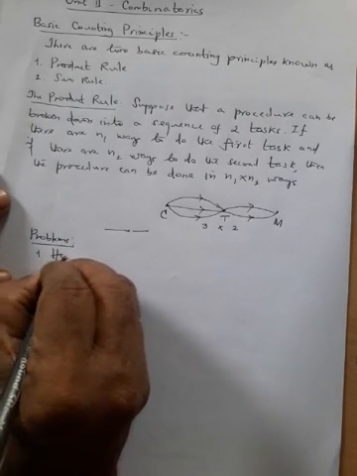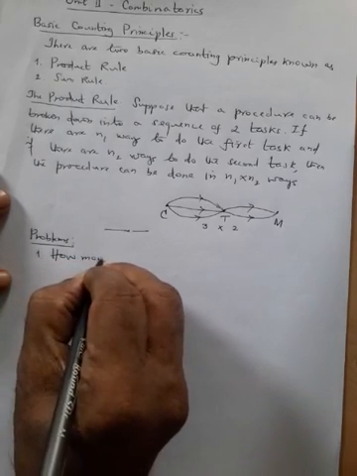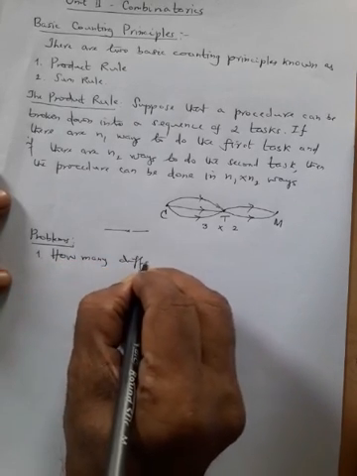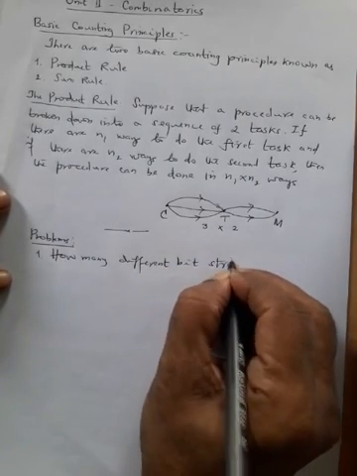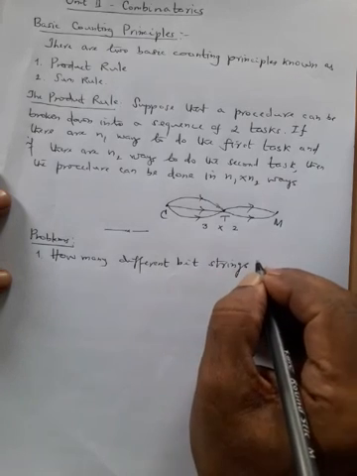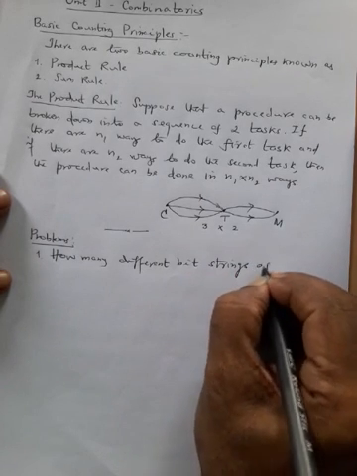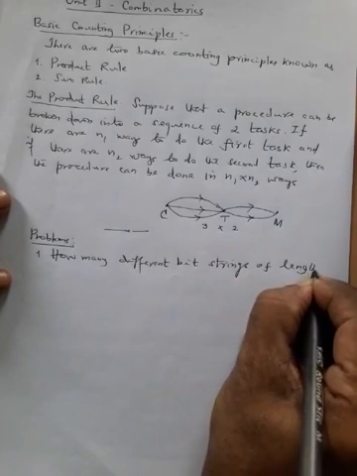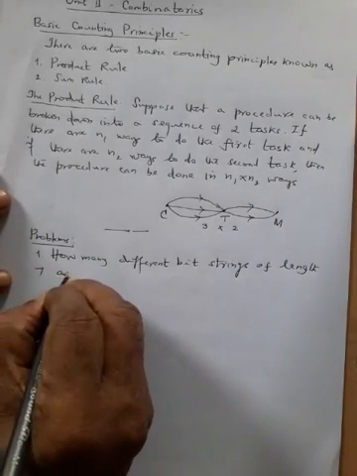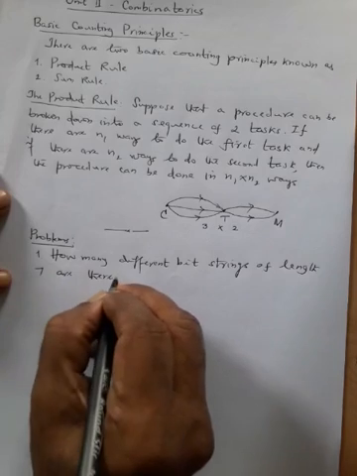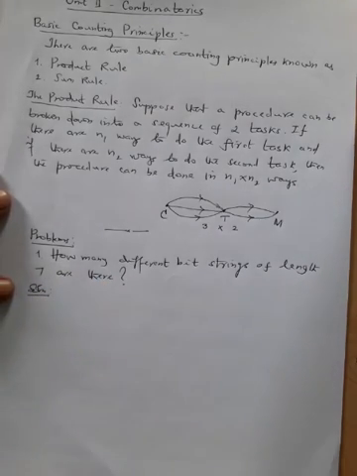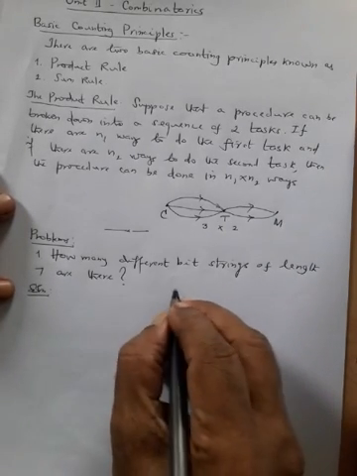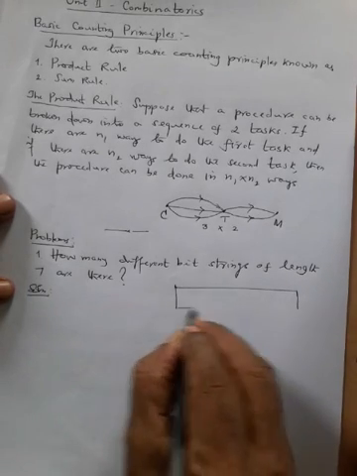How many different bit strings of length 7 are there? For the solution: a bit string means you have to use either 0 or 1, and here it is a bit string of length 7.